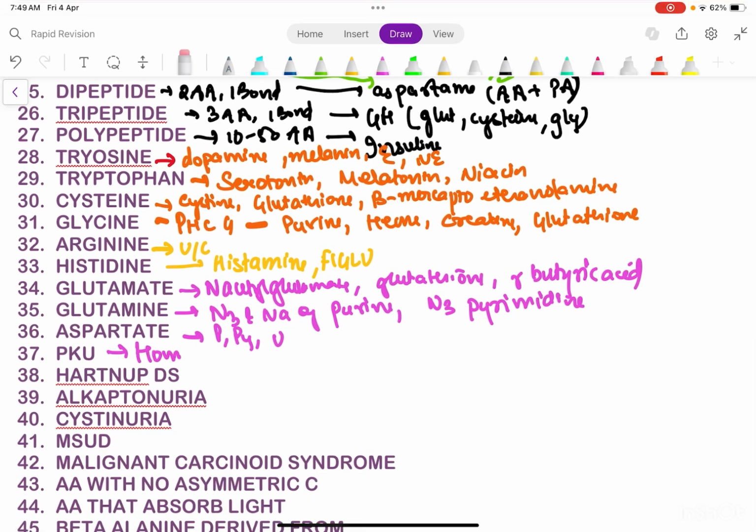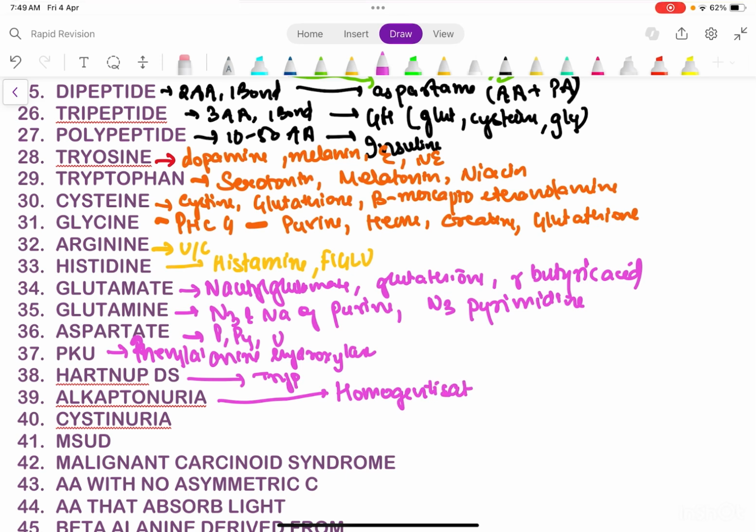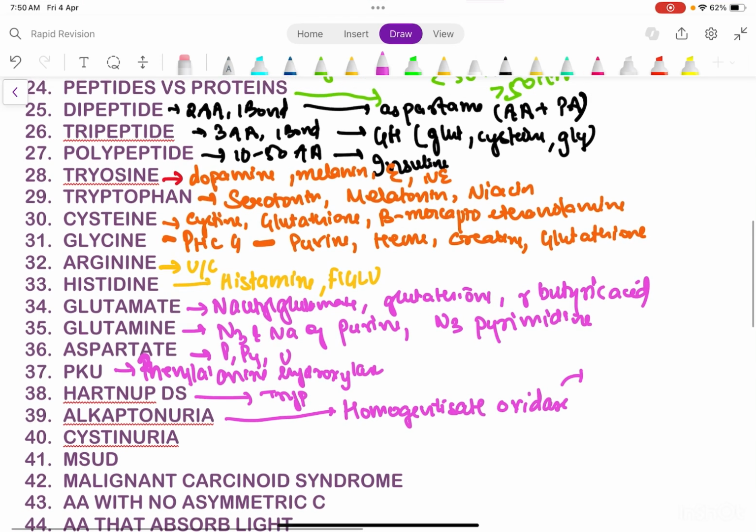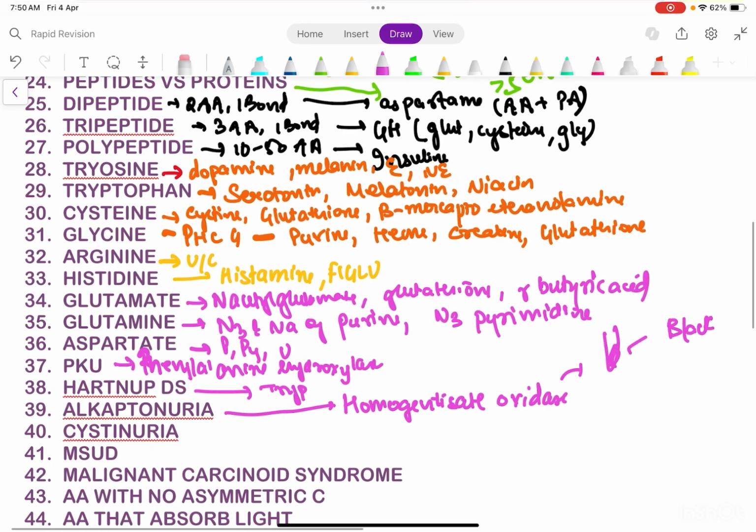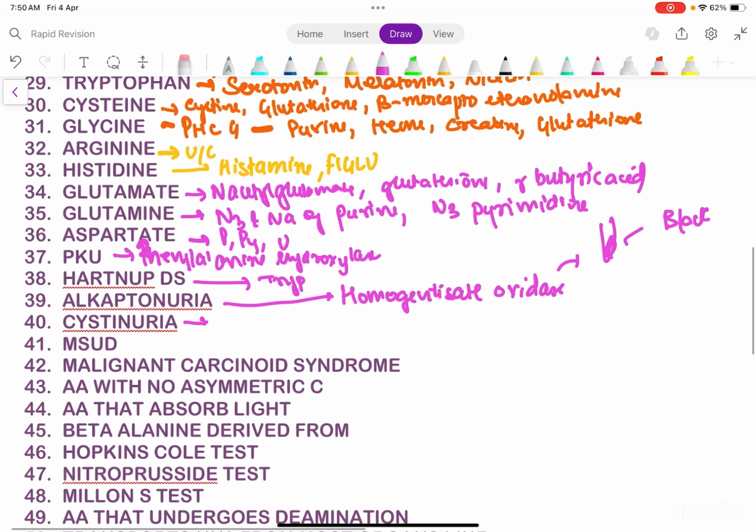Now phenylketonuria is due to the enzyme phenylalanine hydroxylase. Hartnup is due to the deficiency of tryptophan. Then alkaptonuria is because of homogentisate oxidase. Important here is that urine on standing turns black.